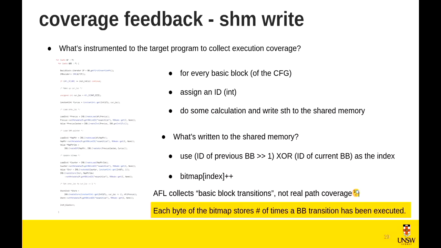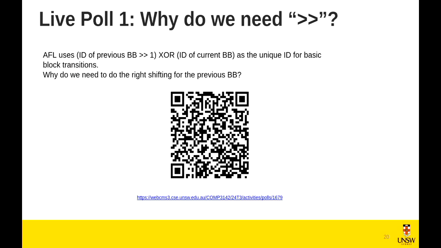So each value is the number of times that basic block transition has been executed. AFL uses the ID of the previous basic block right shifted by 1, XOR the ID of the current basic block, as the unique ID of the basic block transition.